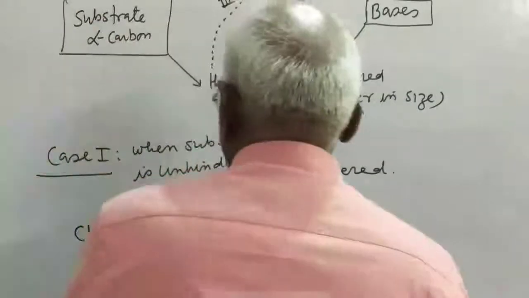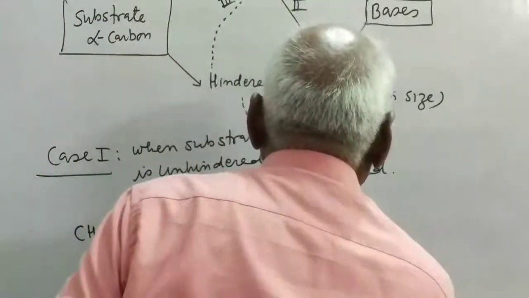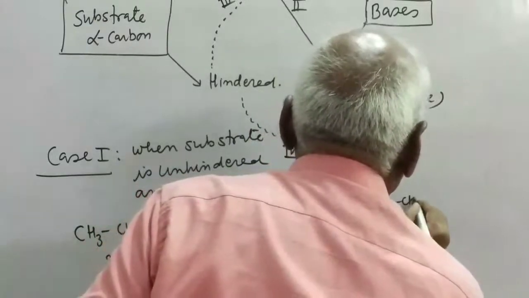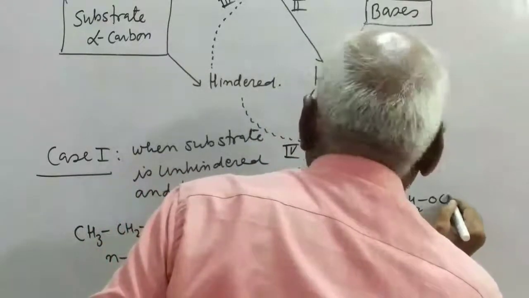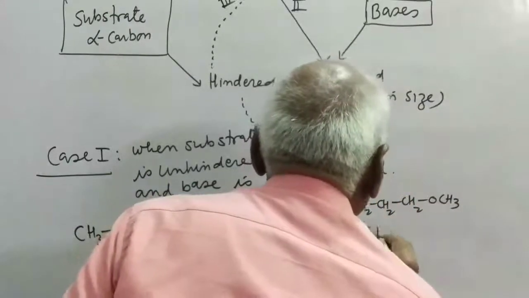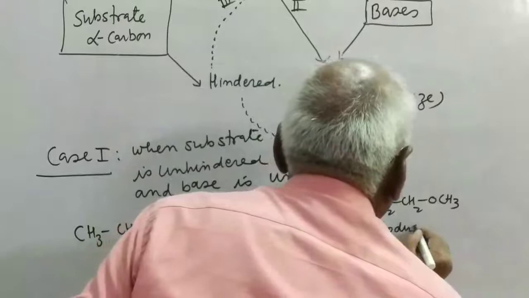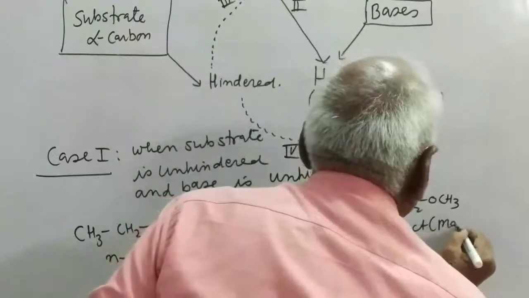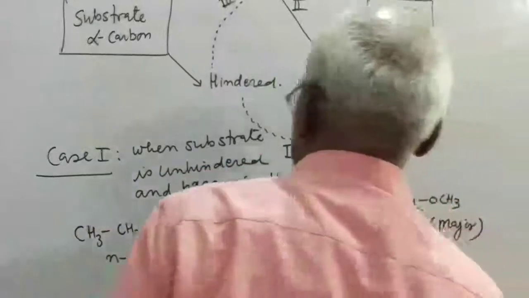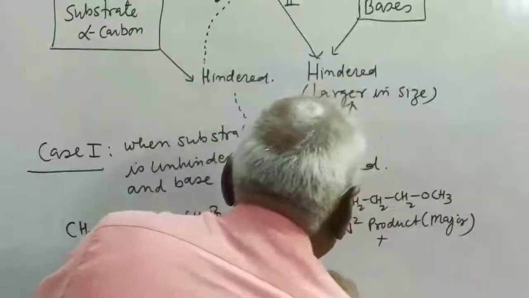We get the major product, the substitution product, CH3CH2CH2CH2OCH3. This is the SN2 product, major. This is the major product, plus E2 product, minor product.